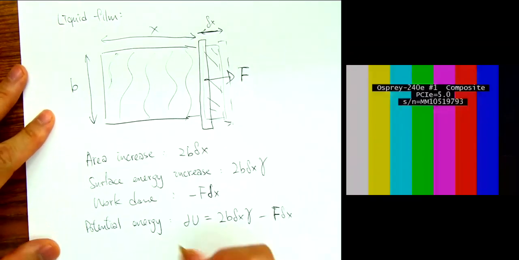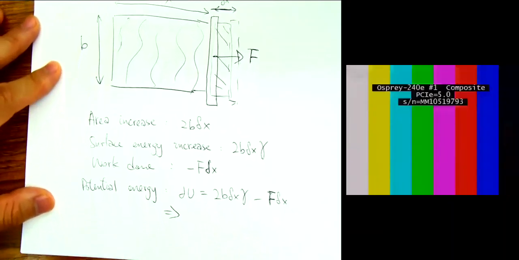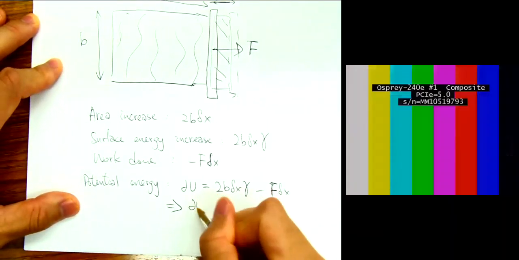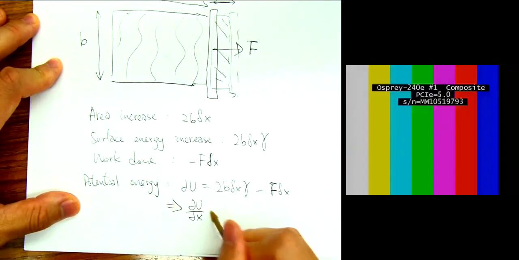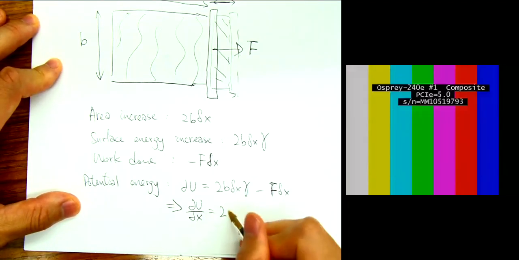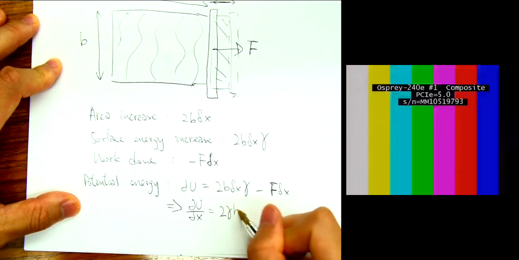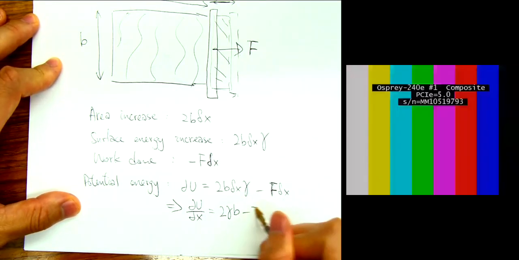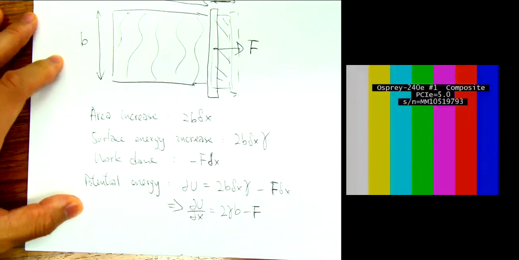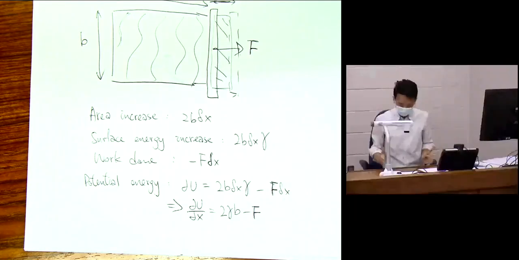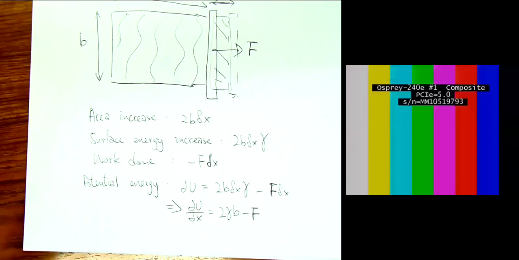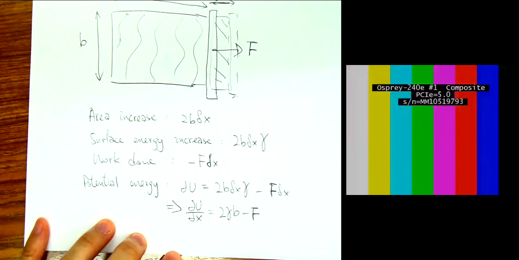So what we need to do is just keep going with that calculation, right? So now du/dx, I can just put the dx over on that side. 2 gamma b minus f. I want to differentiate that because the derivative of the potential energy is zero at equilibrium.